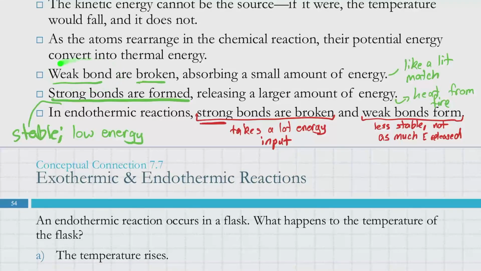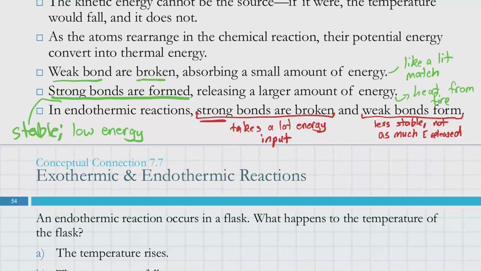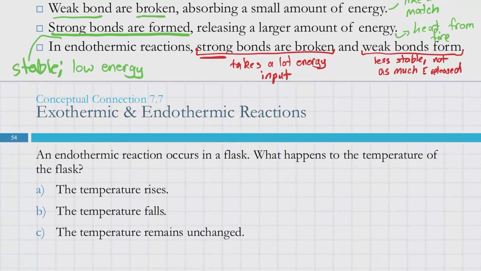Again, weak bonds don't take very much energy to break. So in an exothermic reaction, weak bonds get broken by a little bit of energy input, and then they reform as things that have really strong bonds, and when those bonds are formed, they release energy so that they can settle into those strong bonds. Endothermic reactions are the opposite.